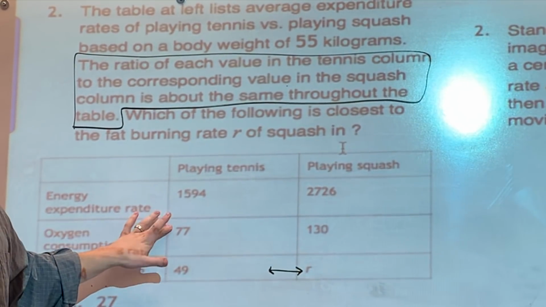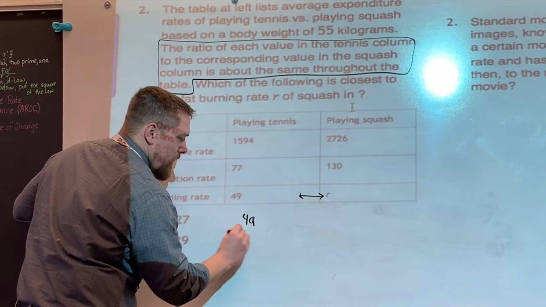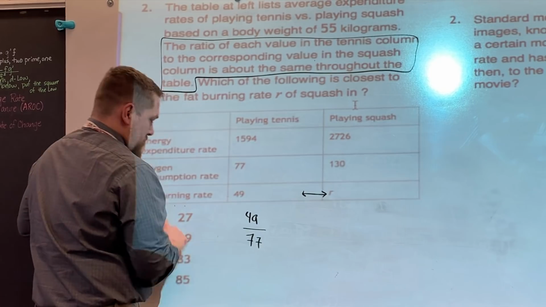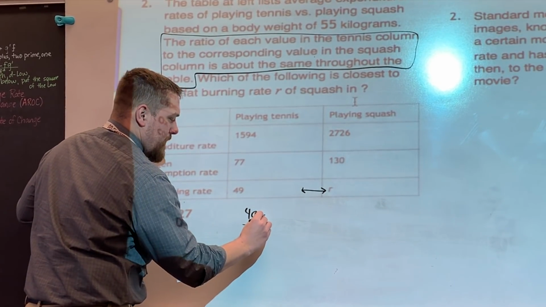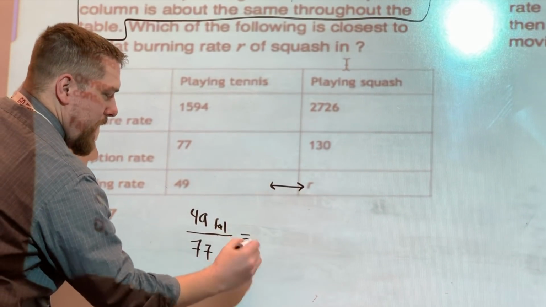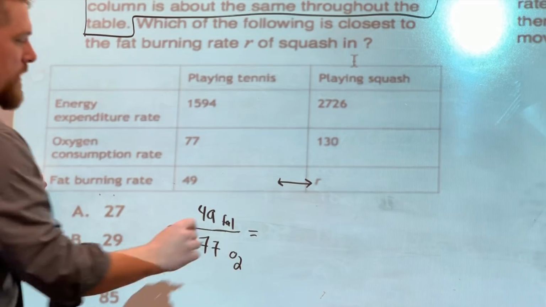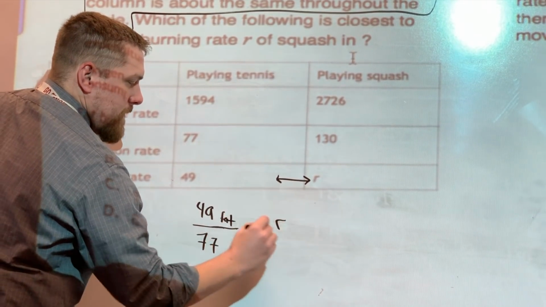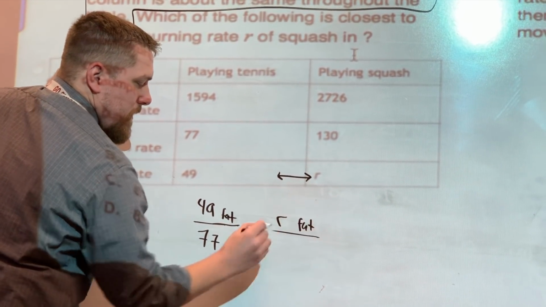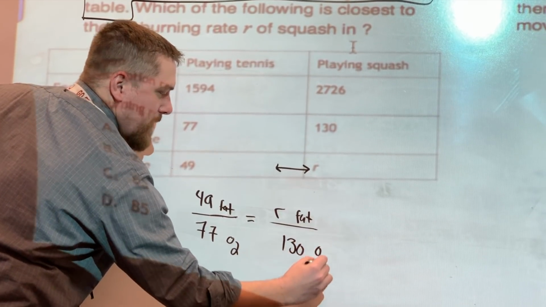Still a pain, but easier. So, 49 over 77. So 49 is my fat, 77 is my O2. Equals, we'll have to do the same in the other fraction. R is my fat, and 130 is my O2.